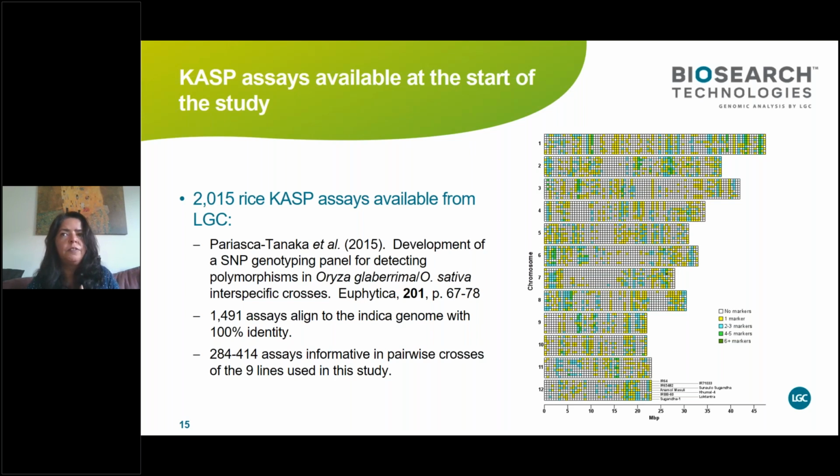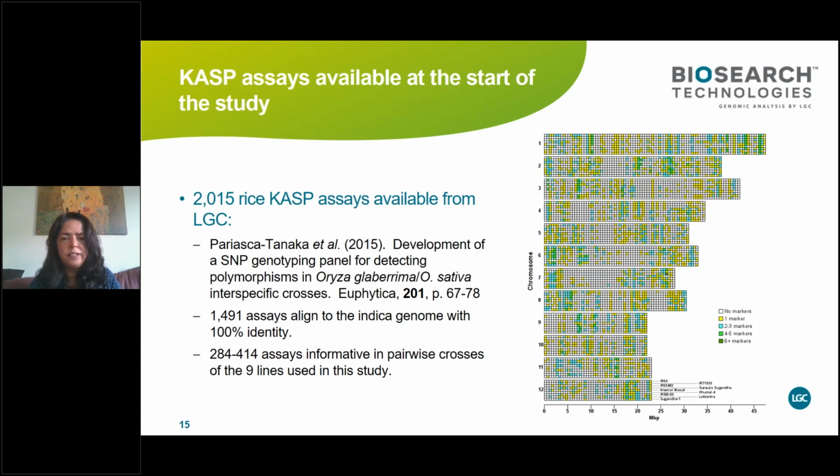On the graph on the right-hand side, you can see a vague dispersion of markers throughout the genome. There are still areas where there were no markers available. Around 284 to 414 markers were informative, and these were the markers used in the pairwise crosses of the 9 lines in this particular study.